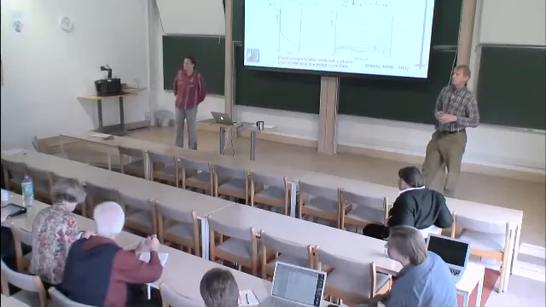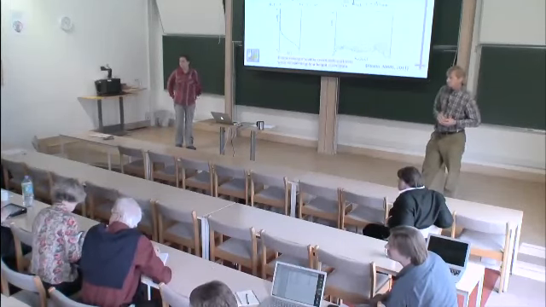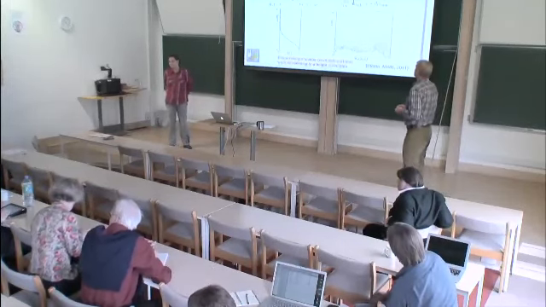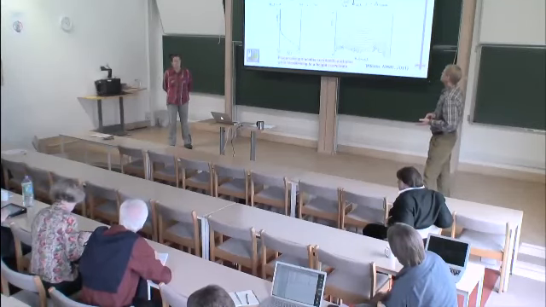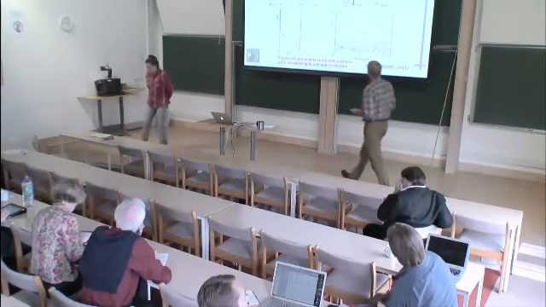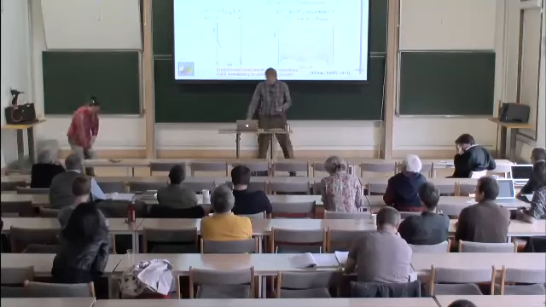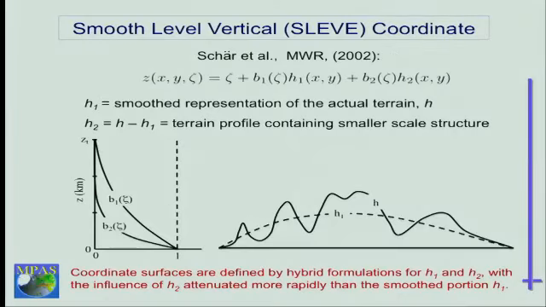Todd and then Sean. I think there's at least one limit where the smooth hybrid terrain following coordinate is the same as sleeve. So if you go to the previous slide, or at least I think it's the continuous, it's the end limit of sleeve. So sleeve is basically keeping the first term in sort of almost a wavelet expansion, right?